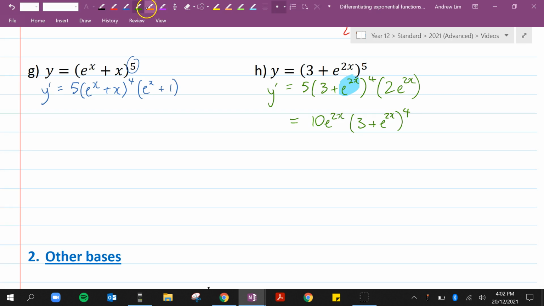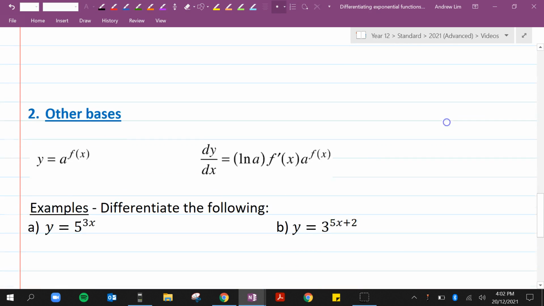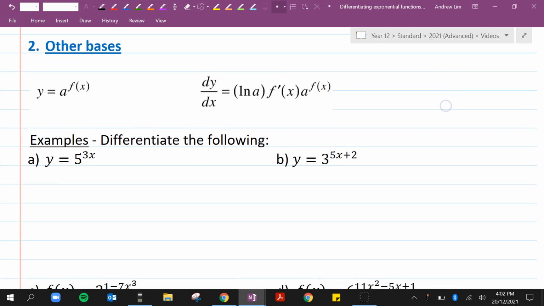Alright, what about other bases? Bases that aren't e. This is the second formula in our formula sheet that we need to know how to use. These questions aren't as common, but it's always important to know how to use this formula.